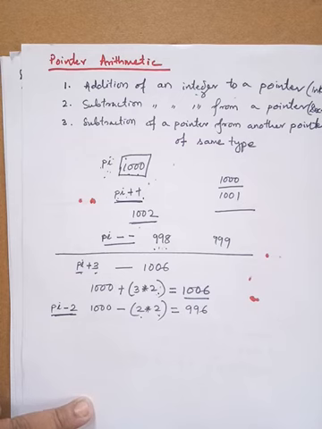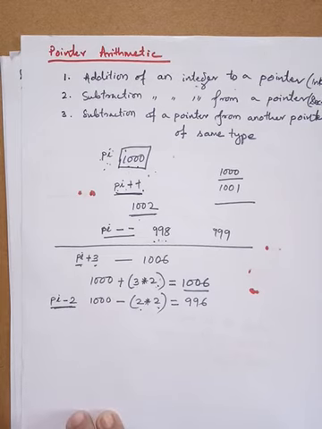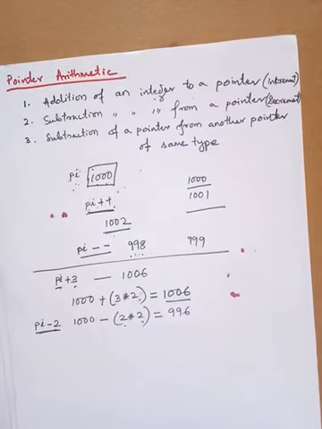Now we'll take another example to see how these operations can be done. Suppose p is an integer pointer that contains the address 1000 initially.